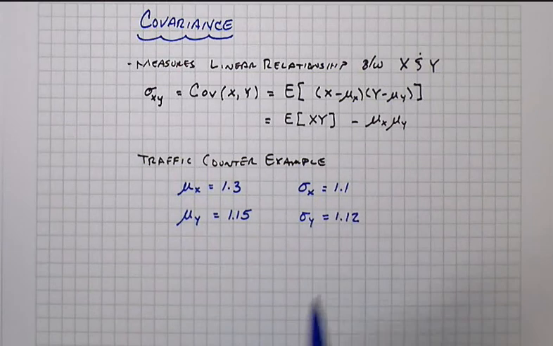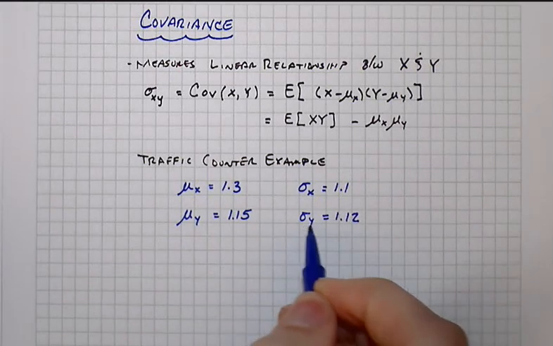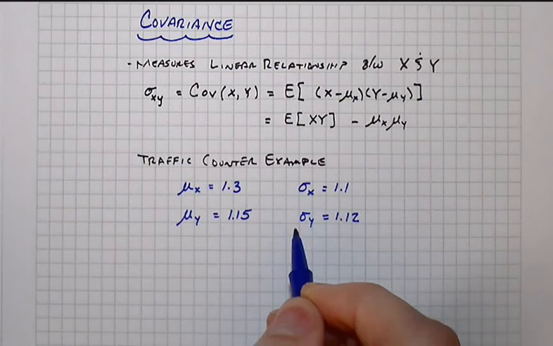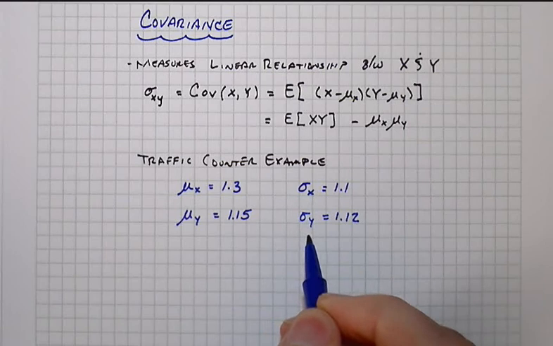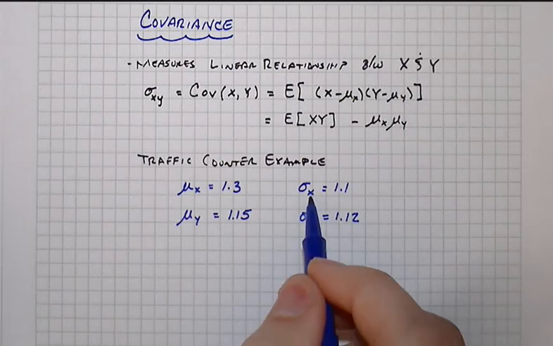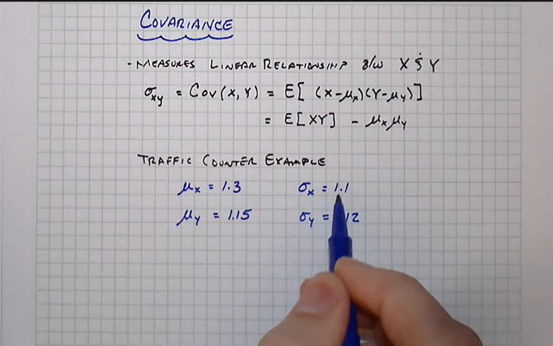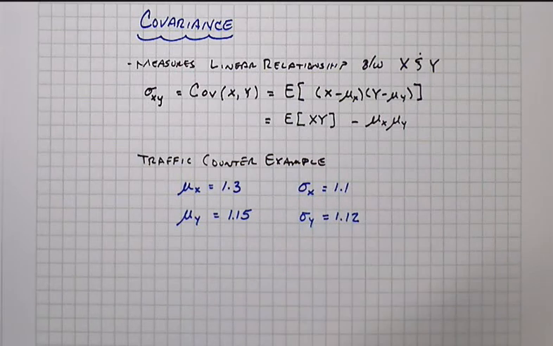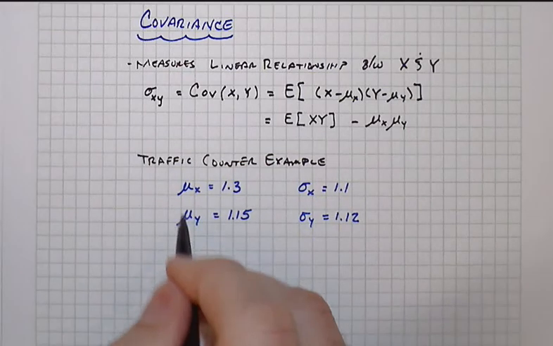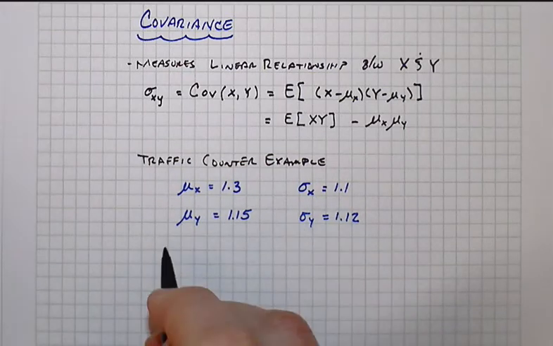I encourage you to work that out on your own, using the expected value of x squared minus the square of the mean, which gives us the variance, and we take the square root of that, and you end up with that number. Those parameters are going to be useful to us in a second. You don't yet know why they're going to be valuable.